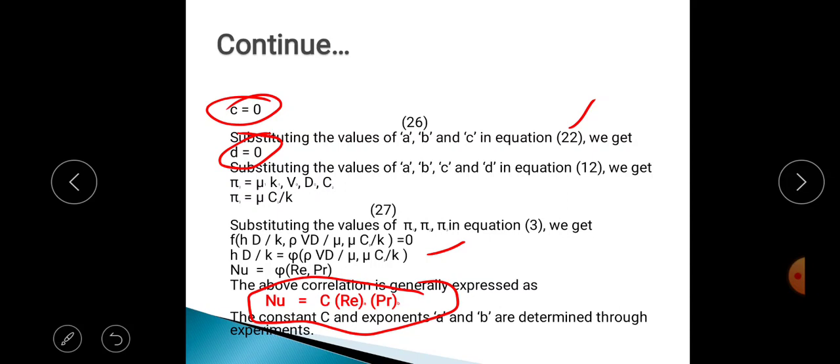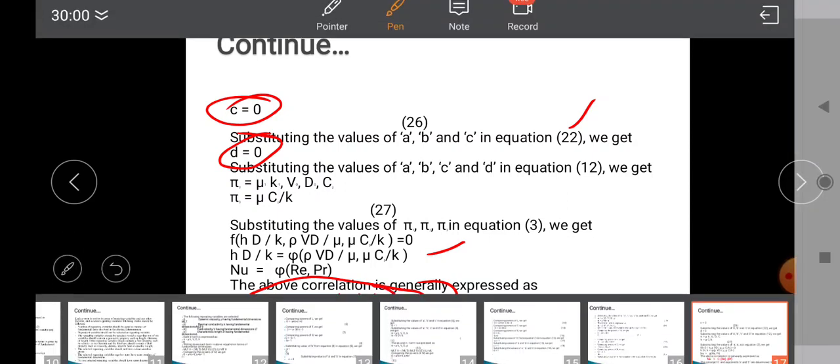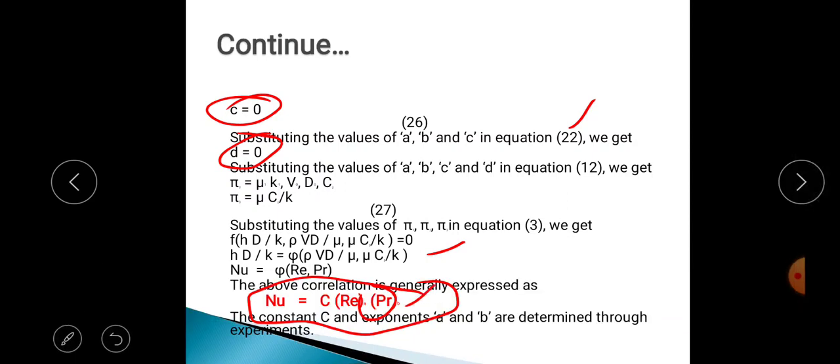Here I think there is a mistake. It should be in the power, this a and this b. Sorry for that mistake. So we get a correlation expressed in the form of Nu equals C Re raised to a Pr raised to b.